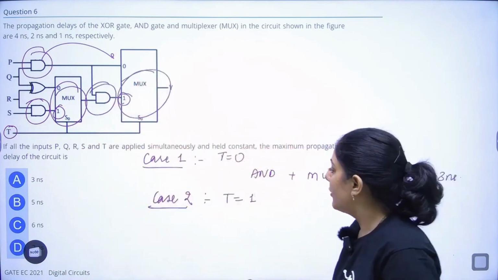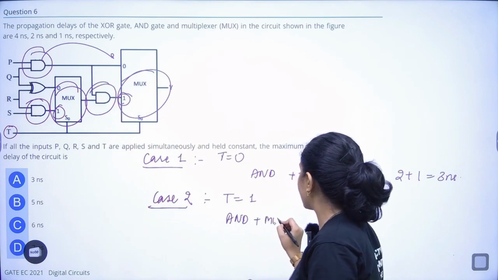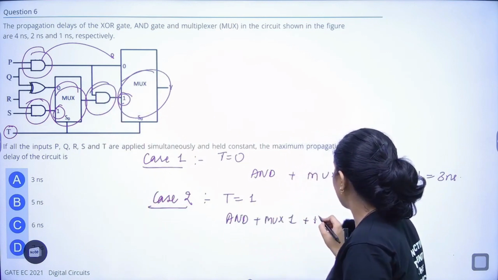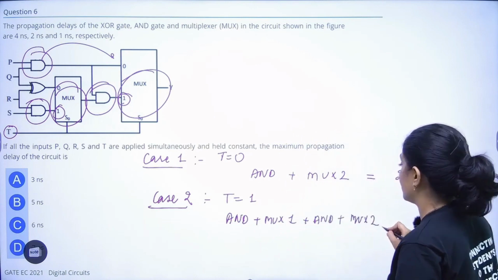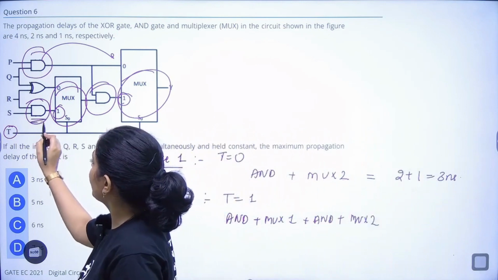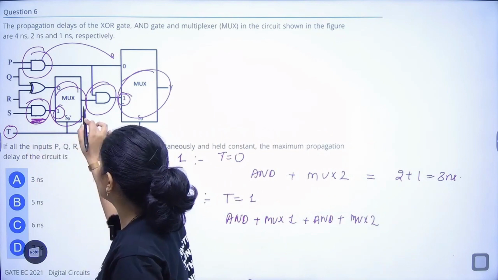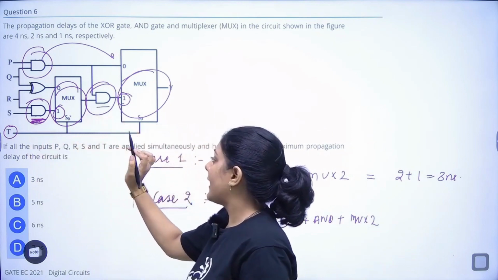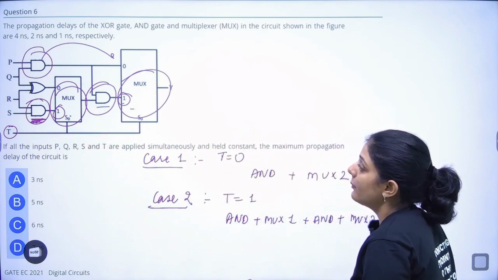Four things: AND gate plus mux 1 plus AND gate plus mux 2. This will be selected because the input is given by this AND gate to the mux, and then again this AND gate and this mux. They all are selected when T is equal to 1.